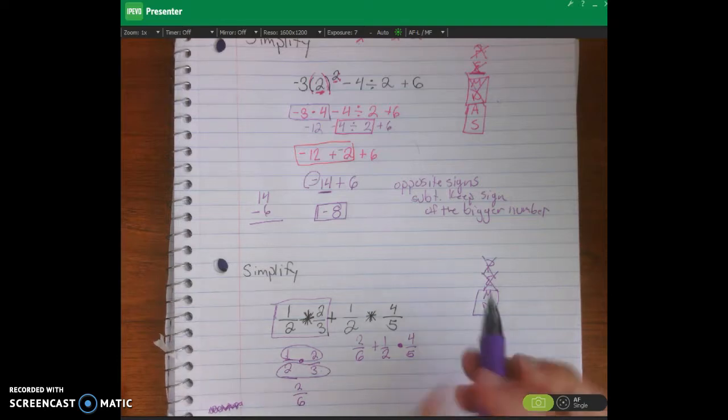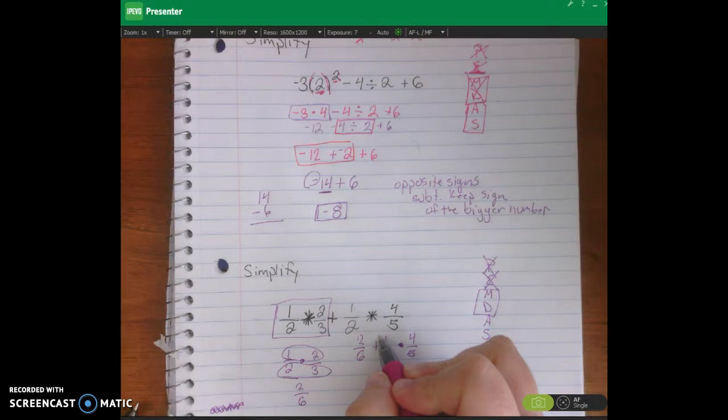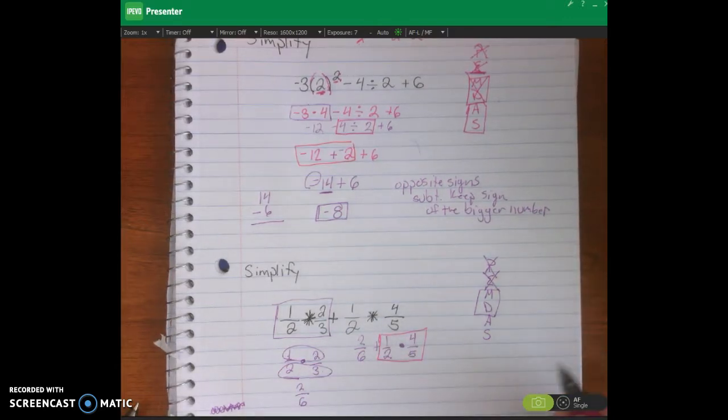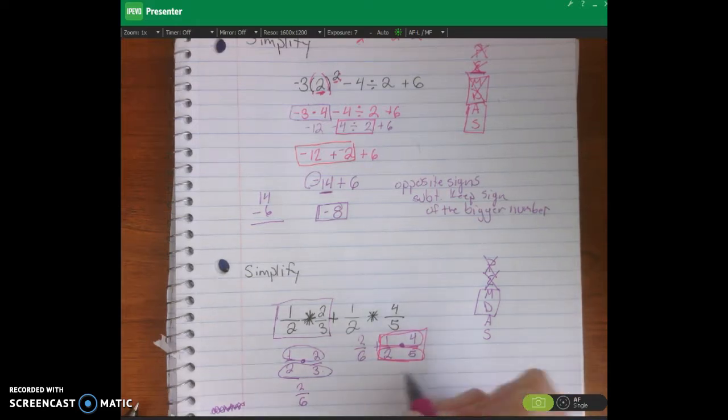We're going to keep going with that multiplication. So now we move here to 1/2 times 4/5. Just like we did before, we can multiply our numerators together and we can multiply our denominators together. So 1 times 4 is 4. 2 times 5 is 10. So we have 4/10.